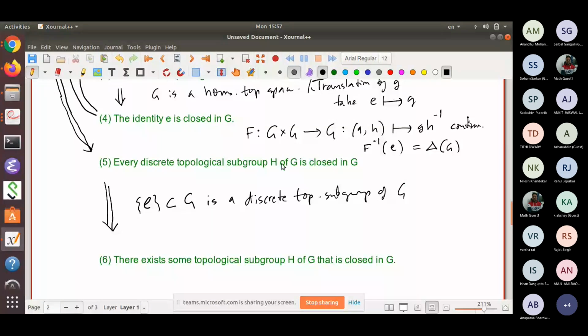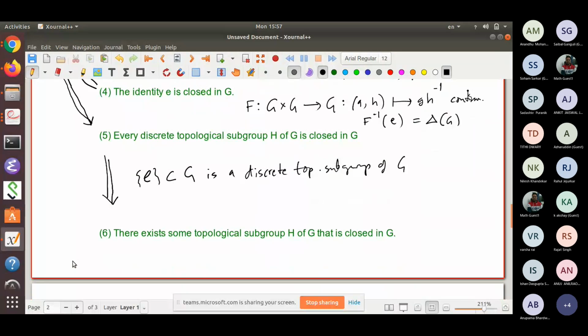So if every discrete topological subgroup of G is closed, and here is a discrete topological group, which means E is closed. And E is closed, that is this statement.